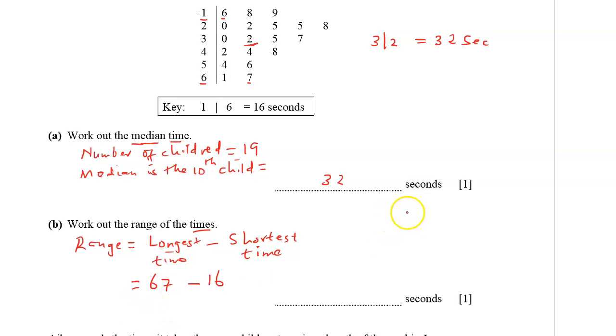Of course, you can do long subtraction if you're not able to get it right. So 7 minus 6 is 1. 6 minus 1 is 5. So the range is 51 seconds.